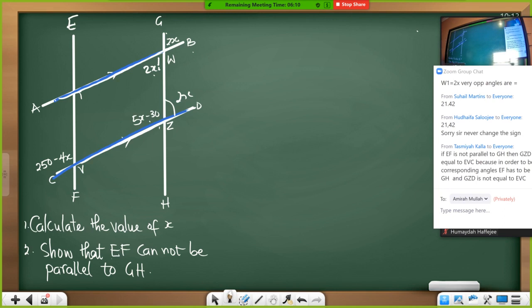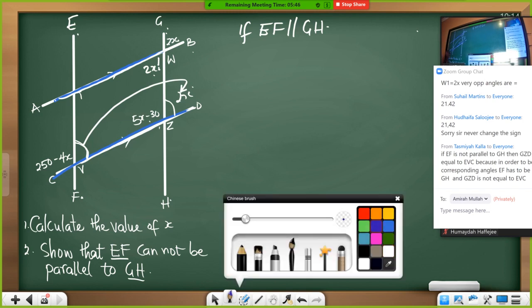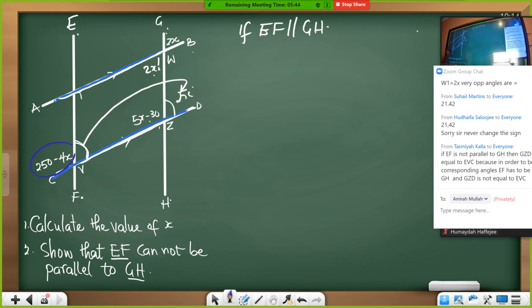If EF is parallel to GH, then this angle should be equal to that, right? Or this angle here, I'm using the blue, should be equal to that, corresponding angles.